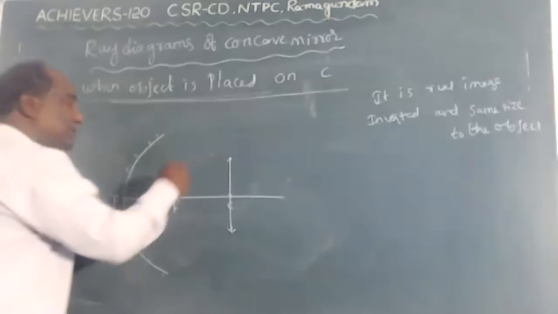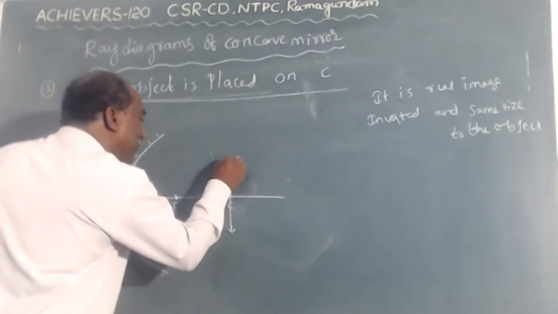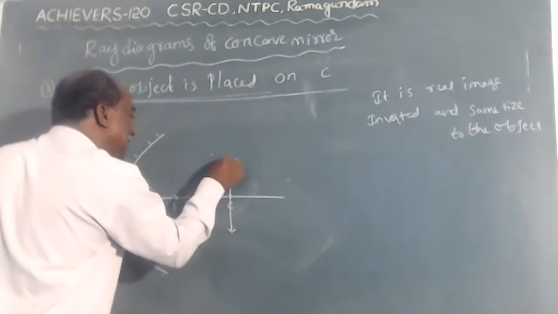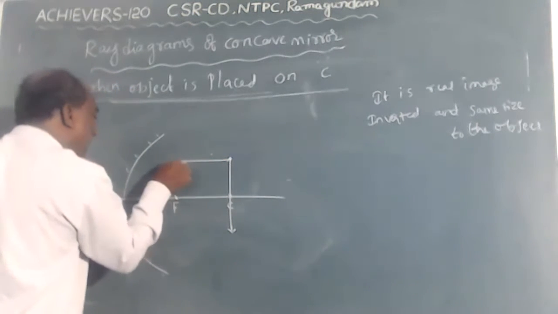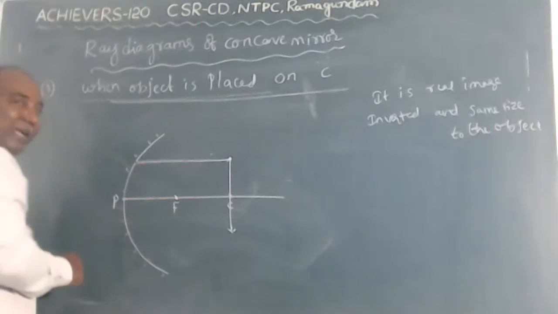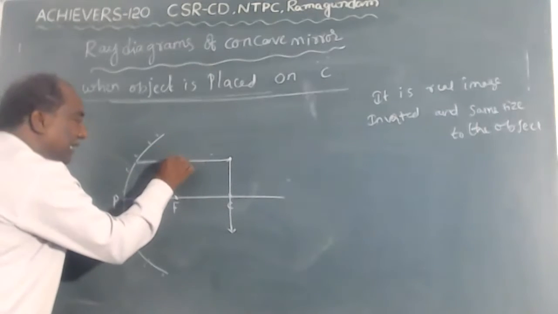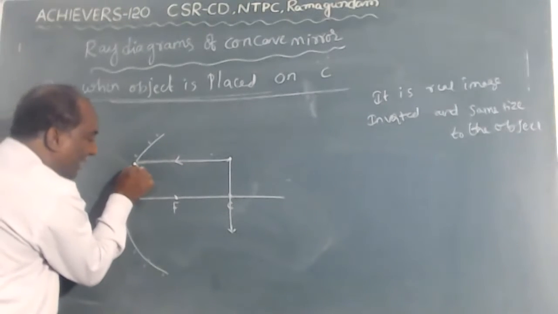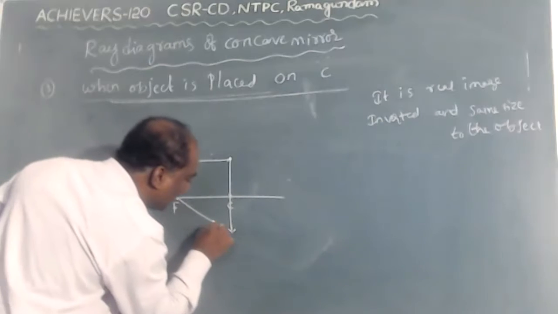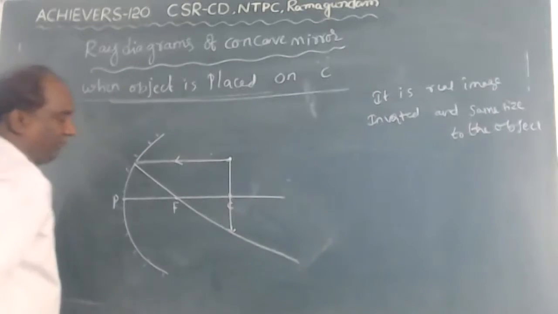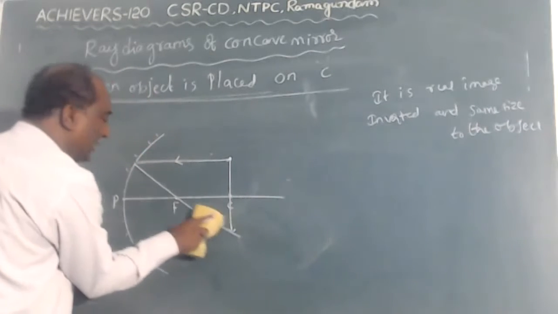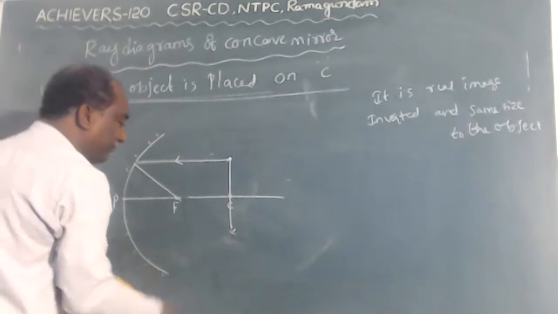Now a parallel ray comes from the object and strikes the curved surface, and the reflected ray passes through the focus.